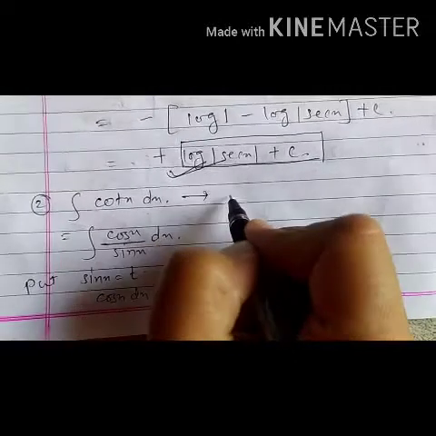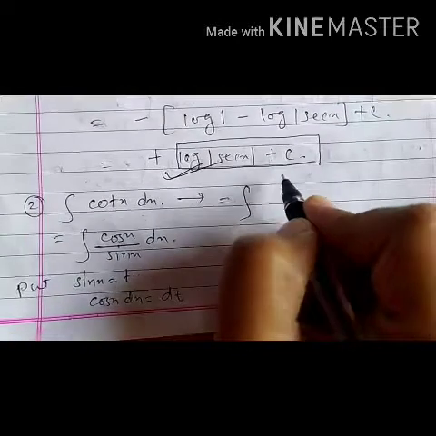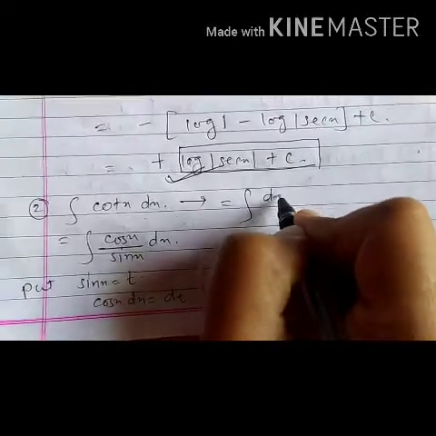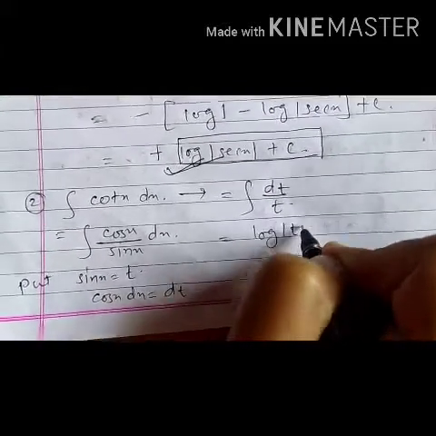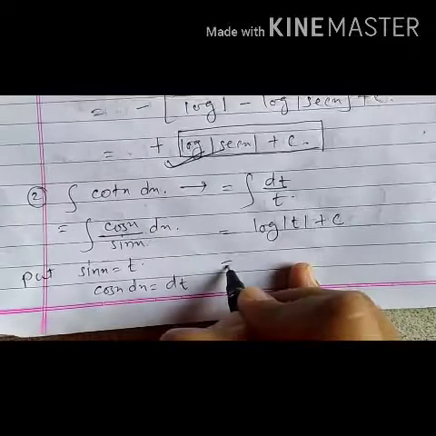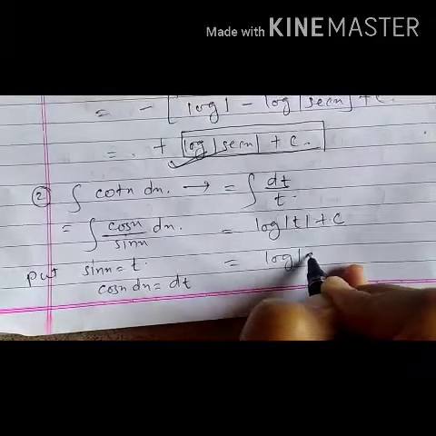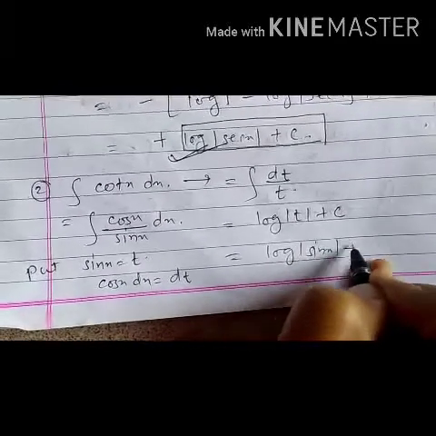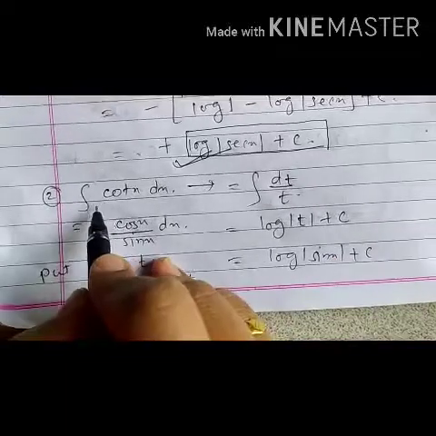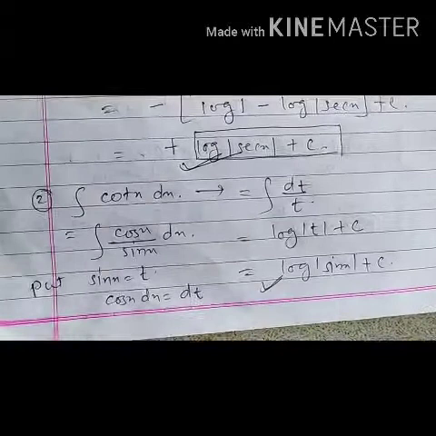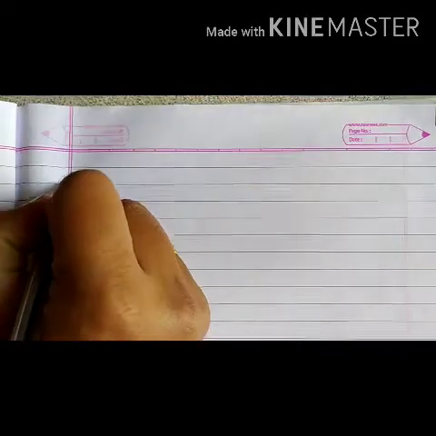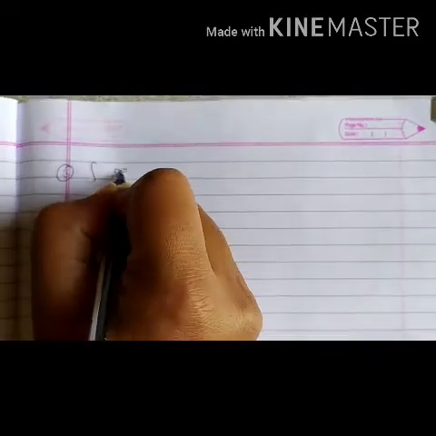So the integral will be integration of dt upon t, which is log of mod of t plus constant of integration. So it is equal to log of mod of sin x plus c. So the integration of cot x dx is log of mod of sin x. Understood?